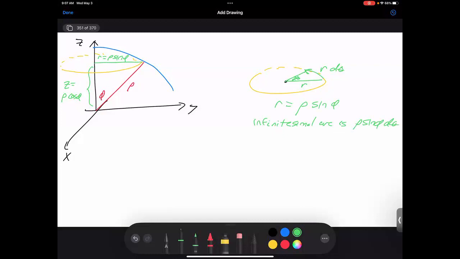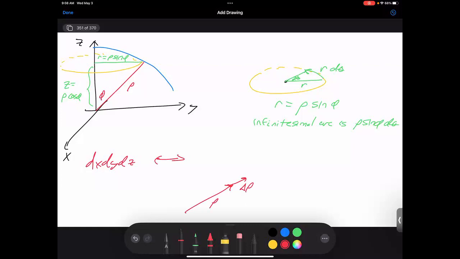Okay. And so when I'm trying to figure out what's going on, if I want to look at, how does dx, dy, dz transform? What I'm going to do is I'm going to have my radius rho, and then I'm going to move it up a little bit, delta rho.